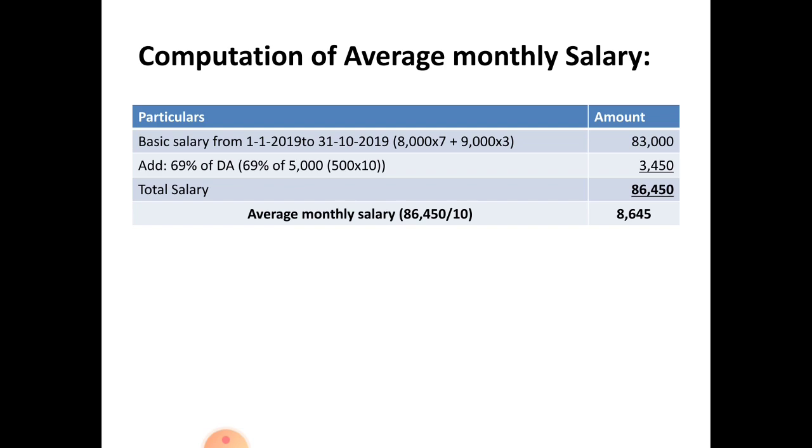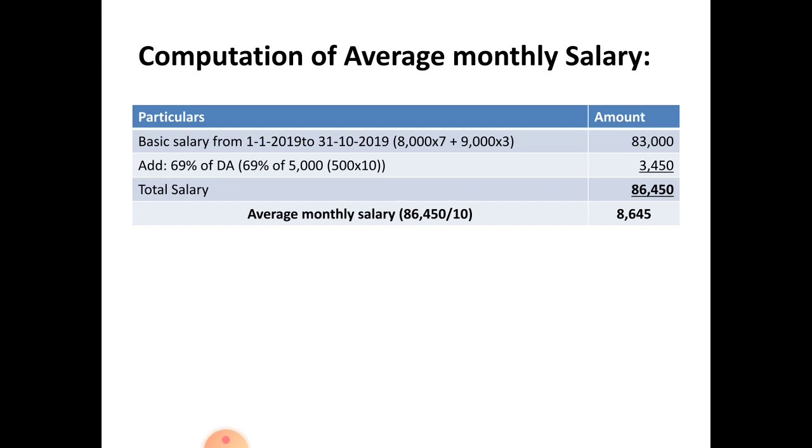That means basic salary from 1st January 2019 to 31st October 2019 you have to consider, because he is retiring in the month of November. Till the previous month of his retirement, that is the previous 10 months, you have to consider.